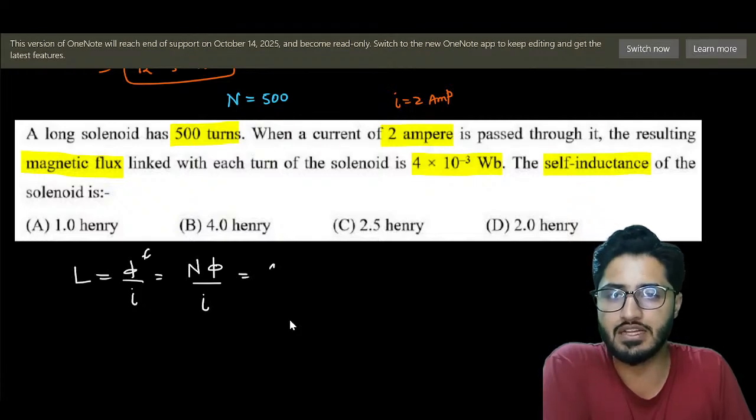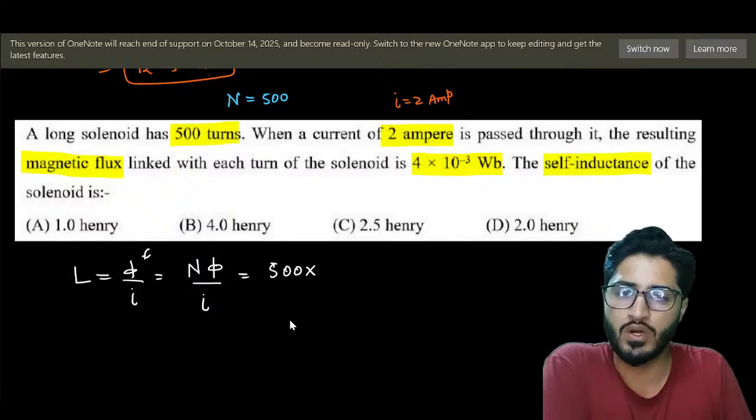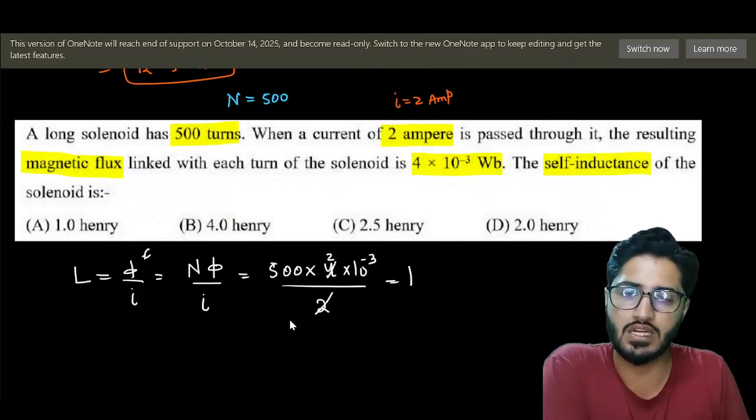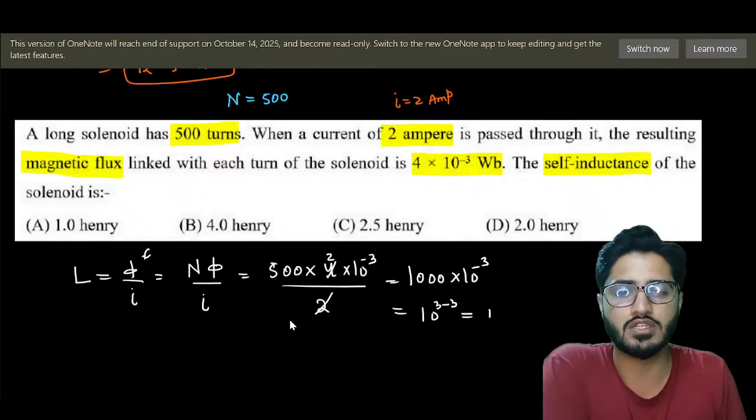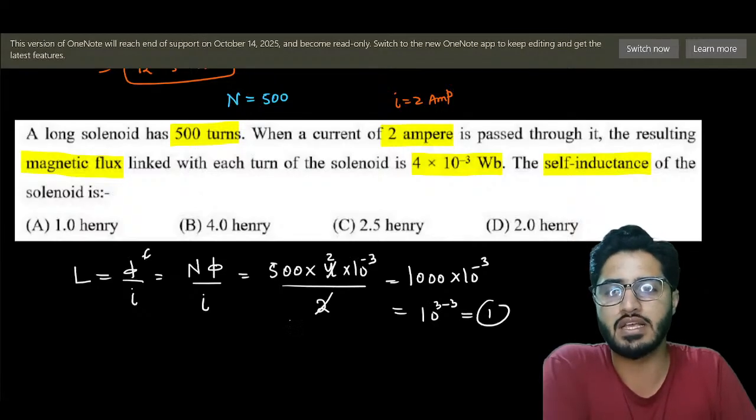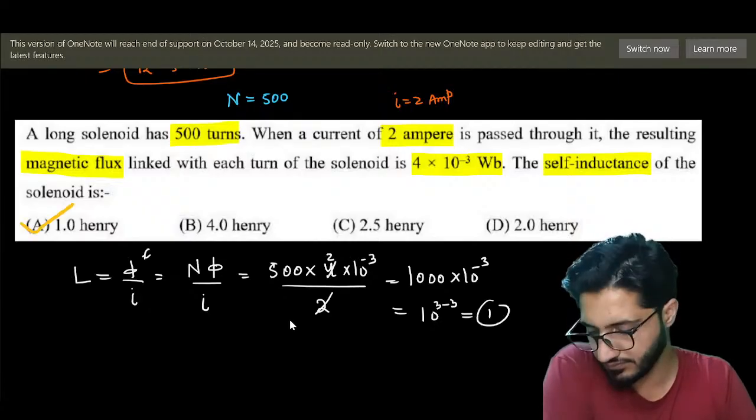N is 500. Phi is 4 into 10 to the power minus 3, divided by current, which is 2. 2 ones are 2, 2 twos are 4, 5 twos are 10. So we are having 10 to the power 3 multiplied by 10 to the power minus 3. I can write it as 10 to the power 3 minus 3, which is 10 to the power 0. That is 1 only. So I guess my answer is 1 Henry only.